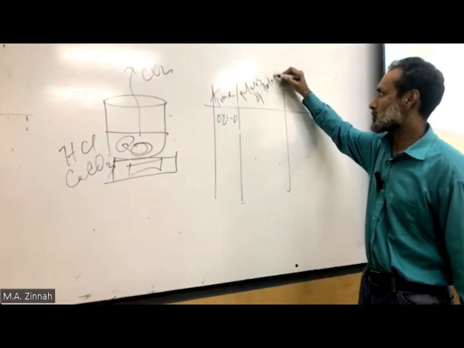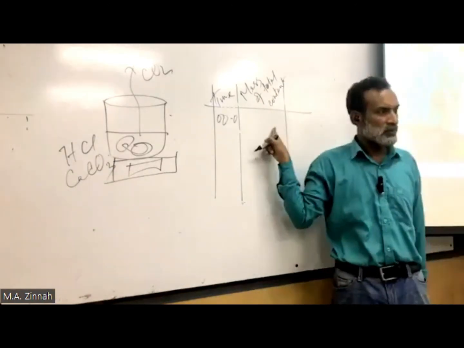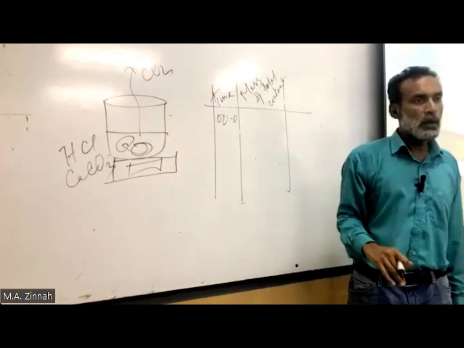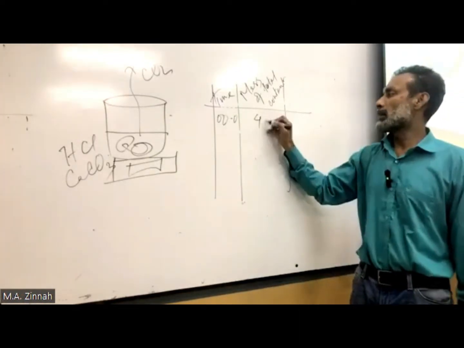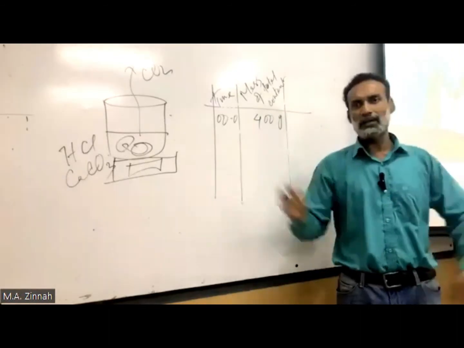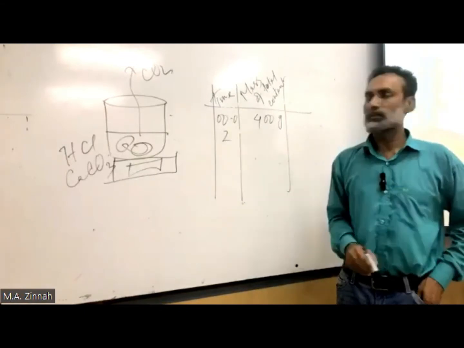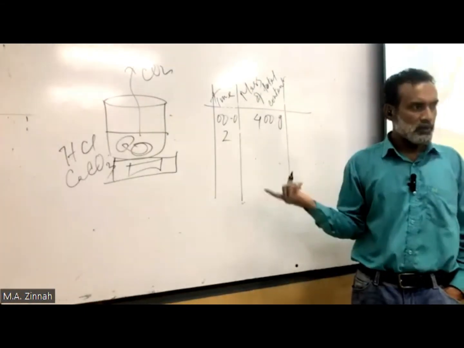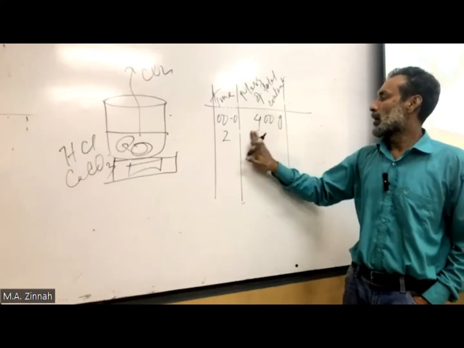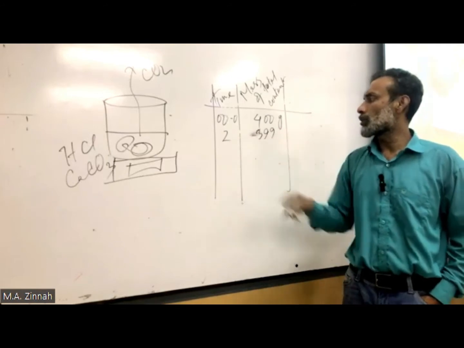It's a reaction mixture, all of them together, so this may be here 400 gram. Suppose, could be any. And after some time, maybe after 2 minutes, we get here, suppose, 399. কতটুকু কমলো বলো দেখি?